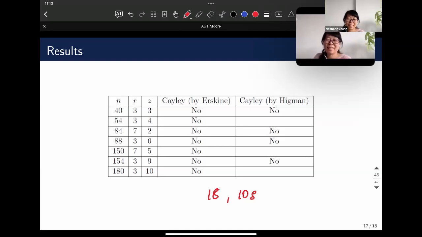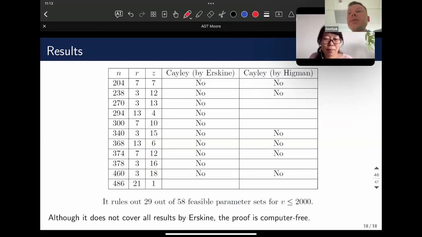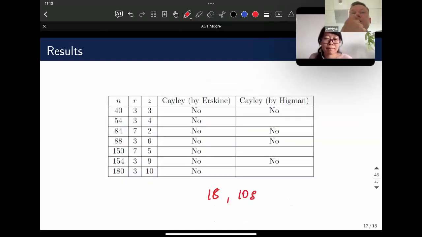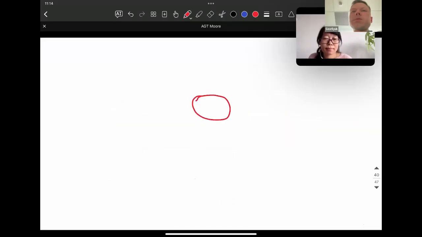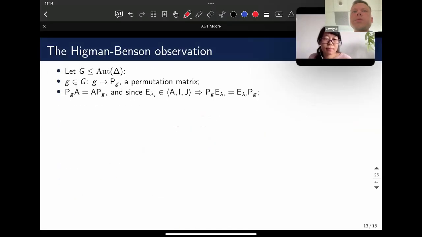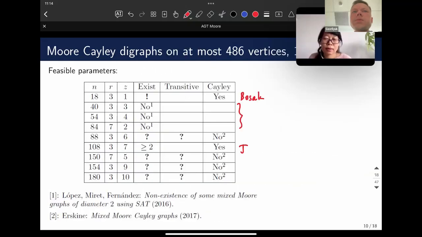So, like I said, the first open case is 88 vertices. Let me go back to our table. Yeah, so the first open case is 88 vertices. In this case, we don't know the existence of a vertex transitive Moore digraph. This would be the first example to look at, maybe.